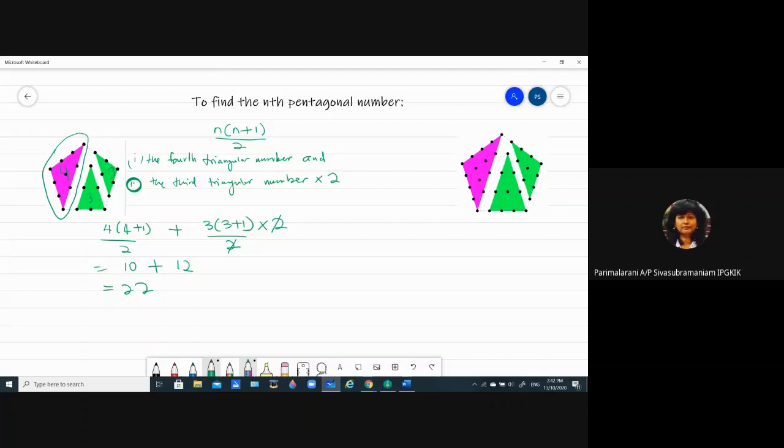How about this? This is the what number pentagonal number? The 1, 2, 3, 4, 5 dots, 5 on the side.